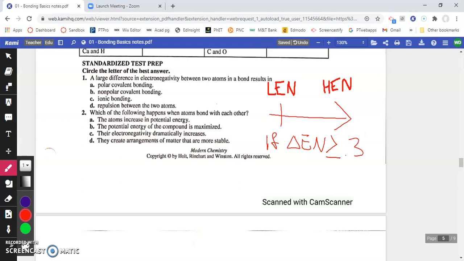So if you have a polar covalent or ionic bond, you're going to have a positive end and a negative end.